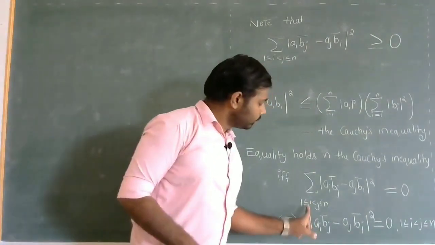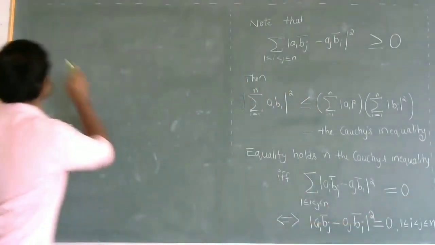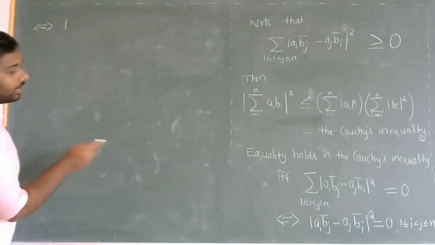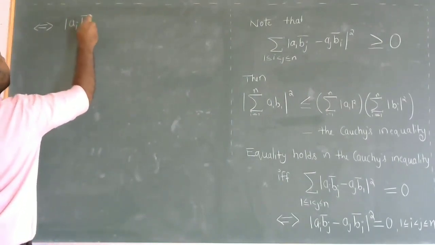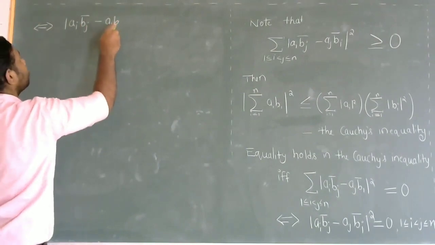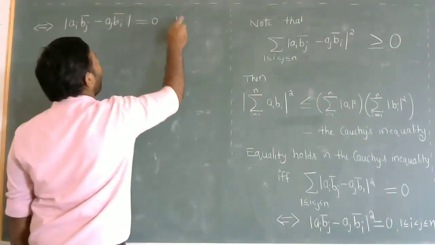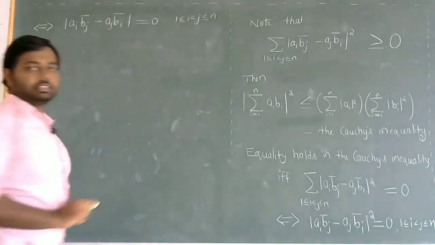Now we have the square of some number is 0, which is if and only if the number is 0, and the number is the modulus of ai bj bar minus aj bi bar. So this number will be 0 for all possible i and j values.